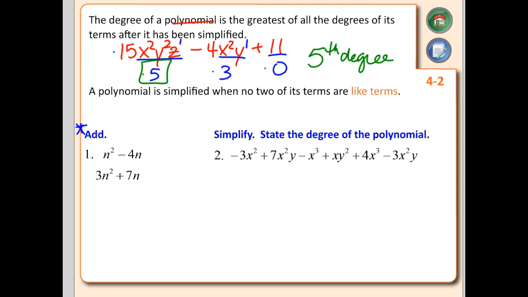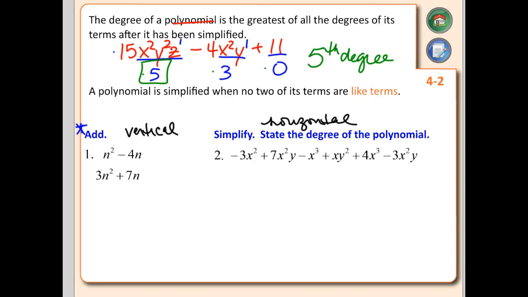The first method in the book is the vertical method, which means we've got polynomials on top of each other. The second way they show is horizontal, which means it's all drawn out in one big string. Personally, I don't care which way you add them, whether you go with the vertical method or the horizontal method. I just need you to pick one and perfect it.